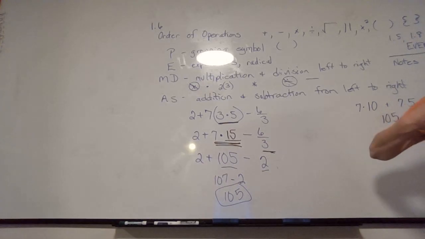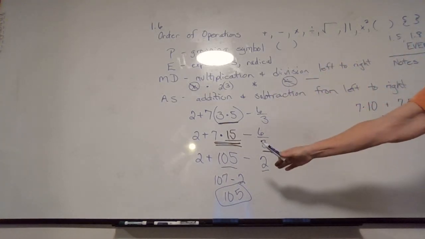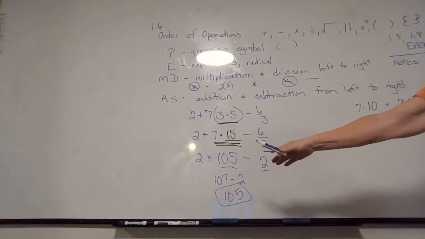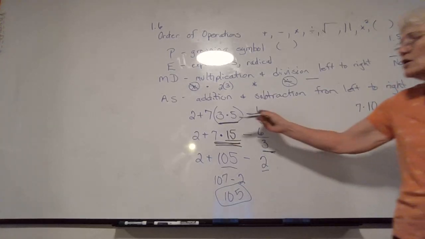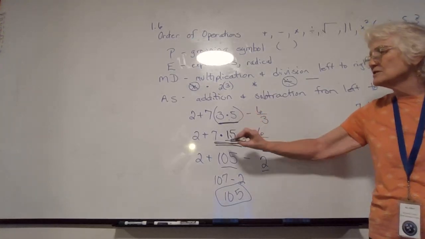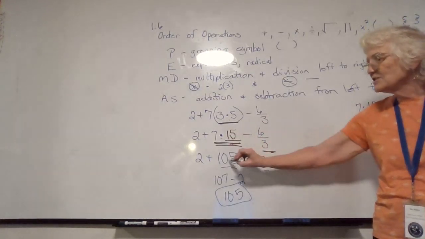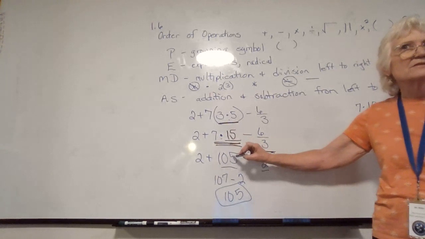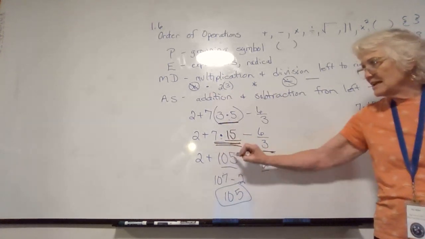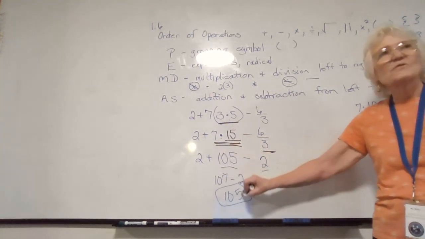So I followed through. This is why I'm asking you to write it down similar to this when you're doing homework. I can look and see, oh, you did the grouping first and got that answer. You did the multiplication and the division and got these answers. You did the addition and then the subtraction.